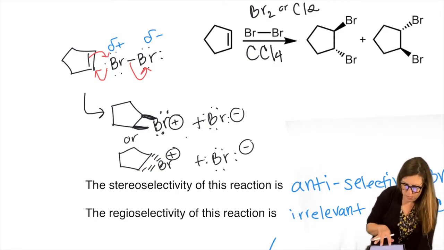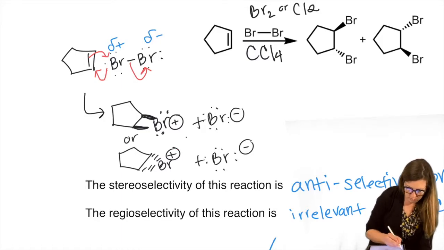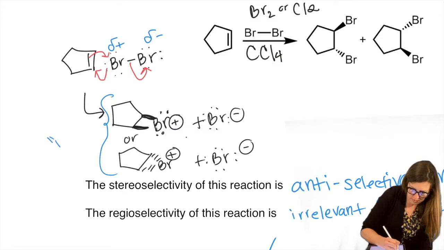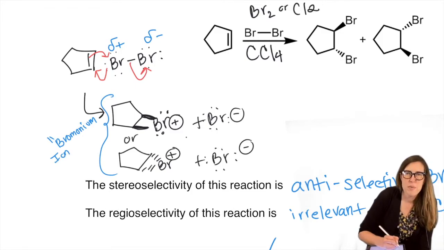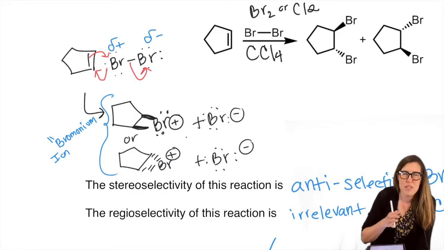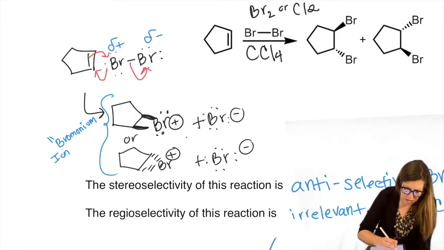It's called the bromonium ion intermediate. Bromonium. You want to know the names of the intermediates of the mechanisms because they bother to have a name if it's important or kind of a key step. Bromonium ion intermediate.